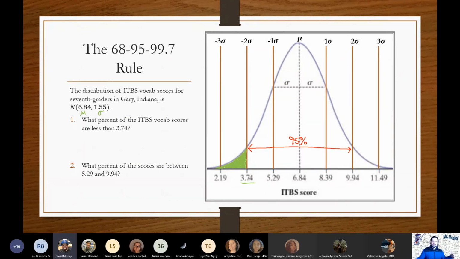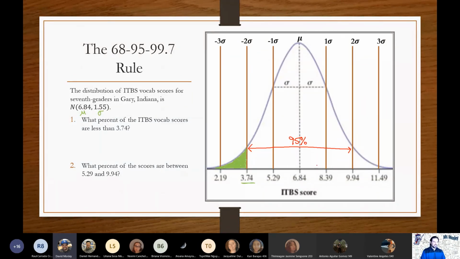Between two standard deviations. And I'm looking at one side of the graph that is outside of that, right? So beyond the 95%, I have 5% left.